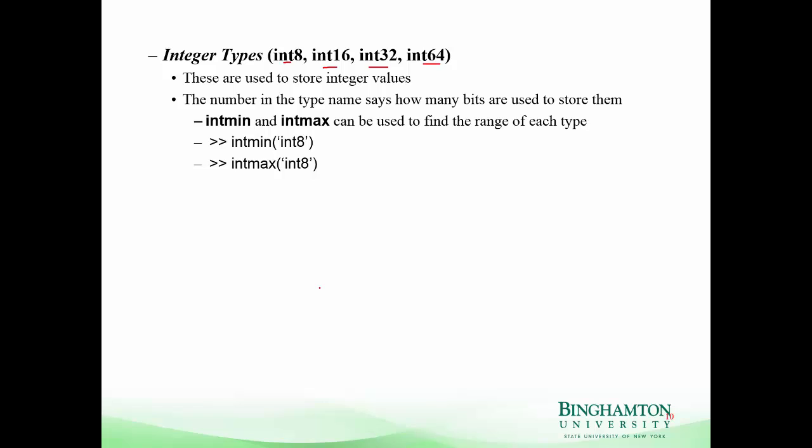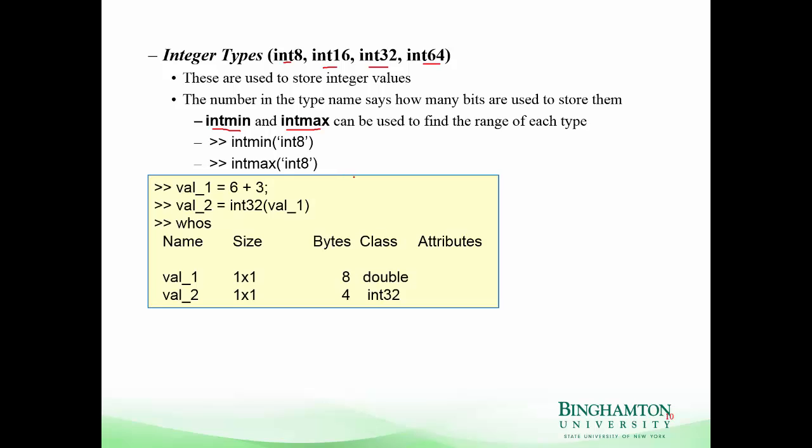If you want to know the min and max numbers that can be represented in each of these forms, all you need to use is the intmin and intmax command. If you issue those, say for int8, you can find out what those ranges are. We can also use these words as a function that will convert into that type.